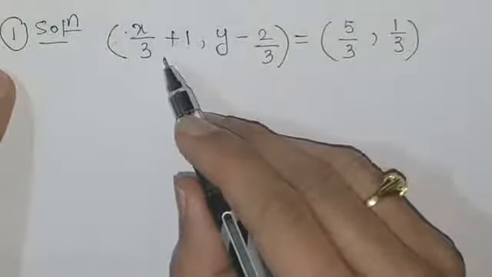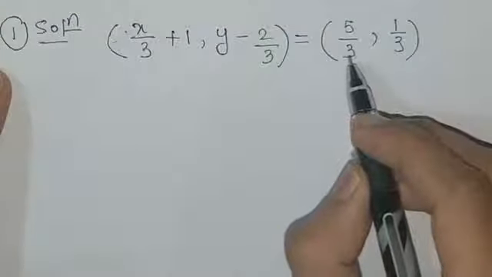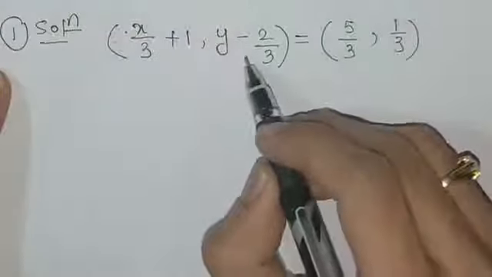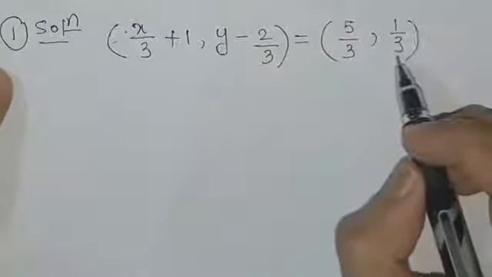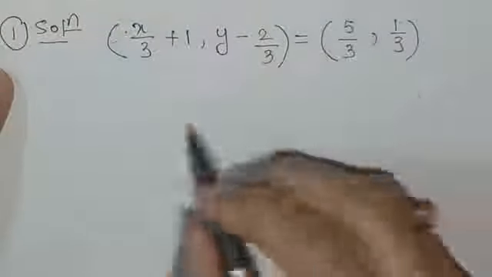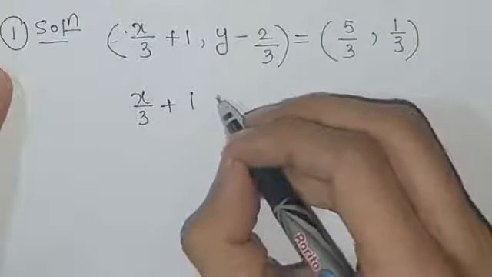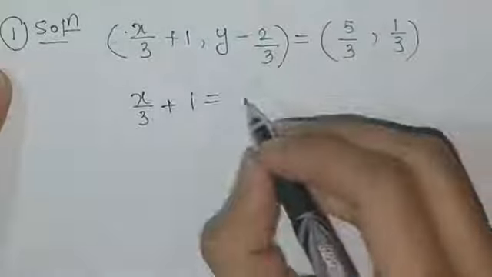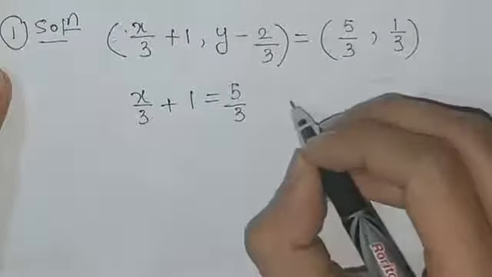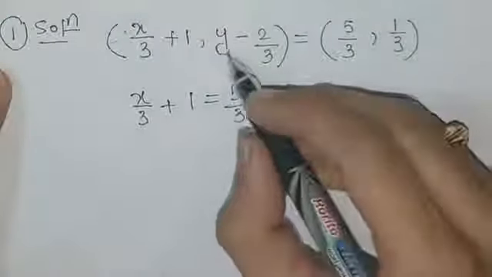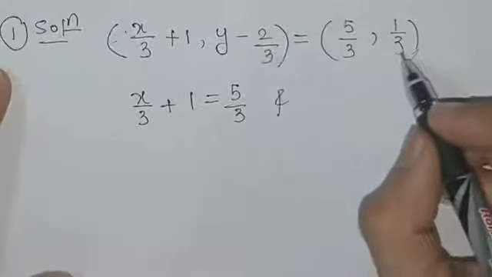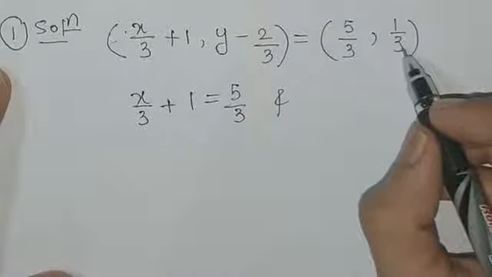Since the corresponding first element is equal to the first element and the corresponding second element is equal to the second element, we get x/3 + 1 is equal to 5/3 and y - 2/3 is equal to 1/3.